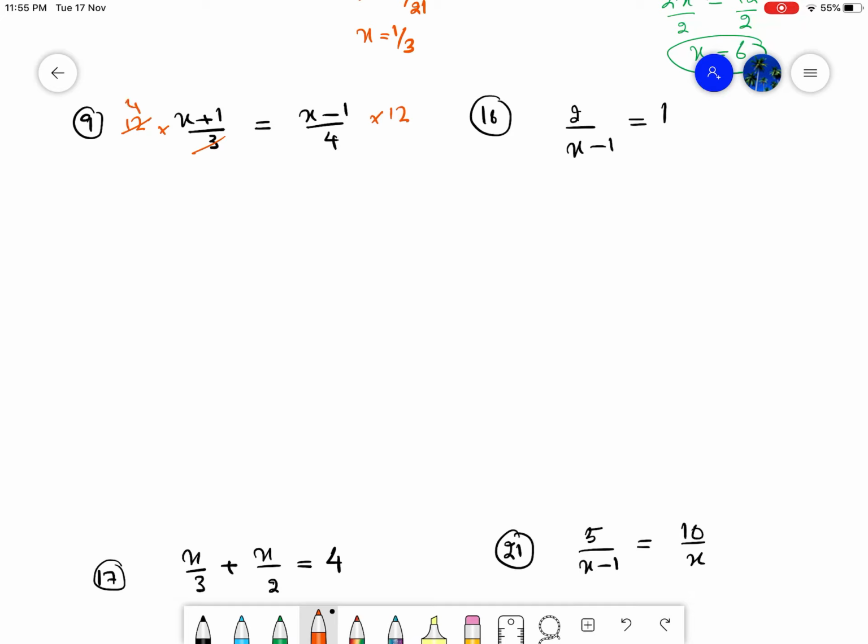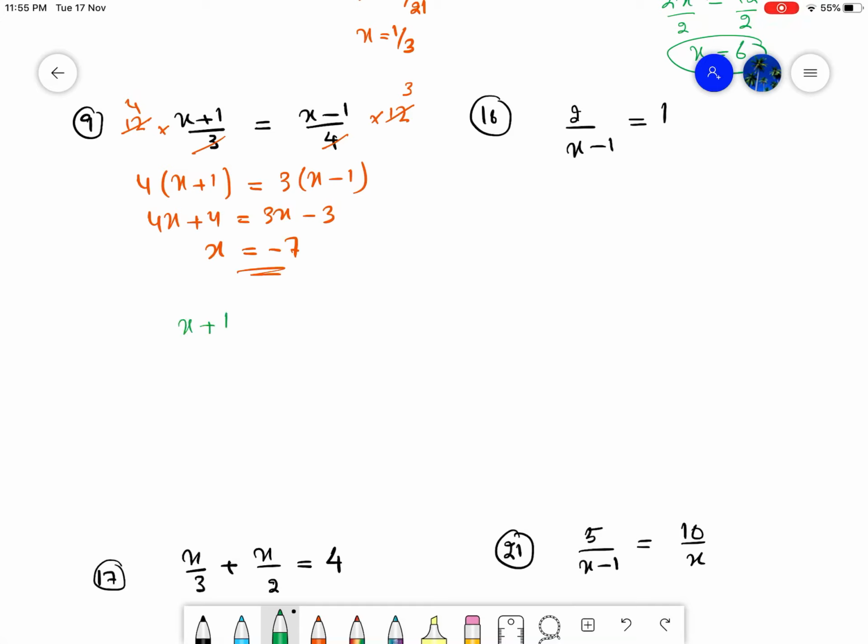So 3 1s are 3, 3 4s are 12, 4 1s are 4, 4 3s are 12, and hence we eliminate the denominator. So 4 into x plus 1 is equal to 3 into x minus 1. So 4x plus 4, when you open the bracket, 3x minus 3. Collect x on one side, 4x minus 3x is x, and minus 3 minus 4 is minus 7.